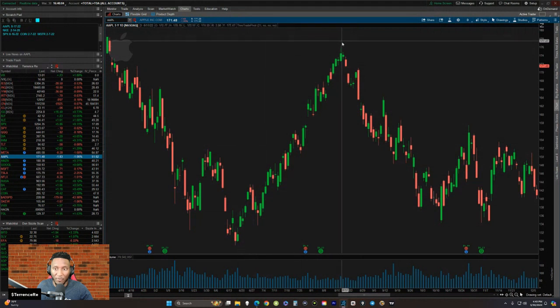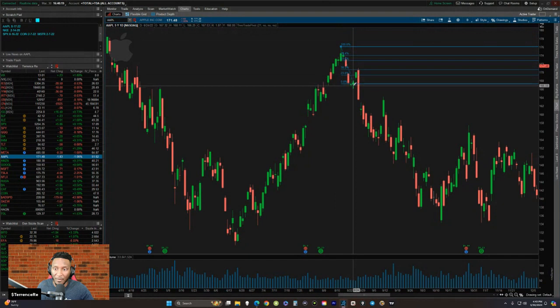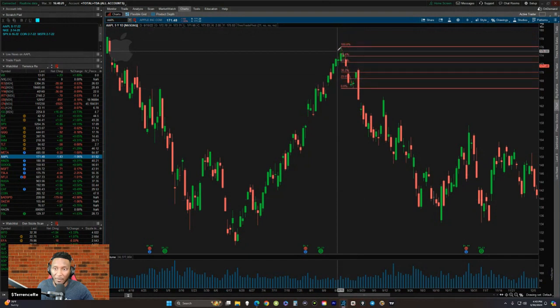Even though I'm not going that far, this is what I'm looking at: a high, a low. This low was put in, and the market started going up. At that point, I put on a Fibonacci retracement. Click from here to here, from the top to the bottom.